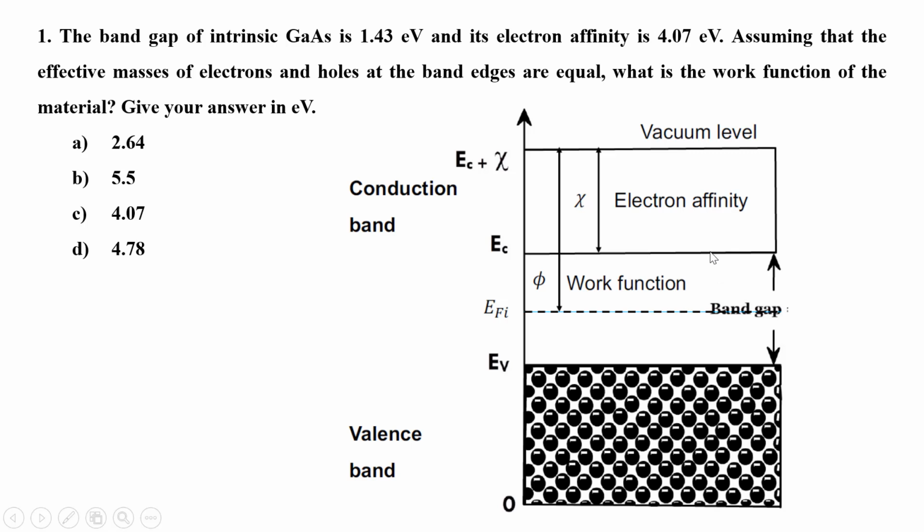1.43 is the band gap, and half of it gives us the Fermi level. Now electron affinity, from this point to this point, is 4.07. We have to find the work function, which is this entire distance. So it will be the electron affinity, 4.07, plus half of 1.43.